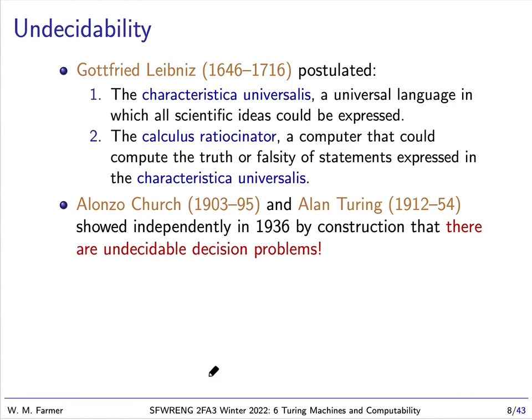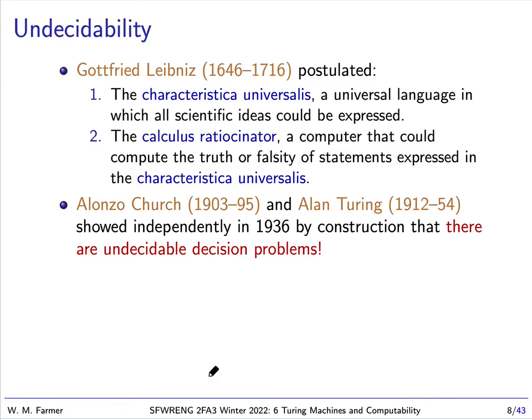Leibniz had this idea that we could write scientific statements in the Characteristica Universalis, and then the calculus ratiocinator would be able to tell us whether these are true or false. And Alonzo Church and Alan Turing showed independently in 1936 by construction that there are undecidable decision problems.